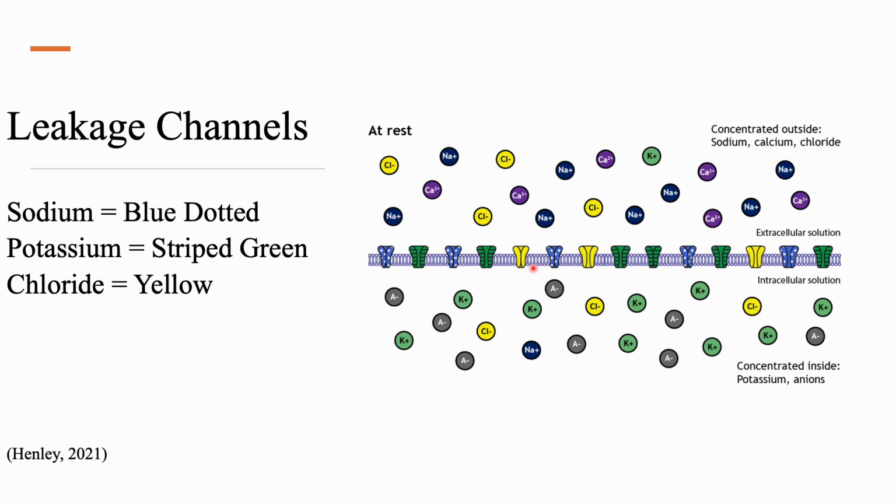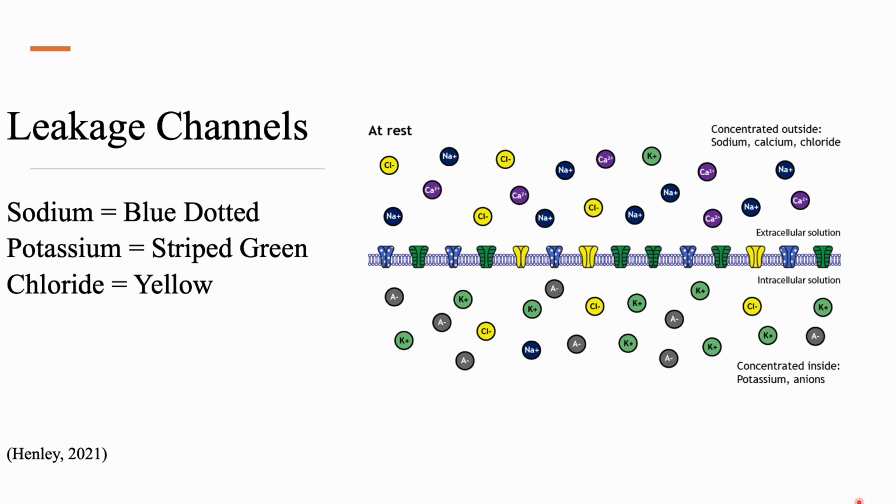You can see here that the neurons have far more potassium leakage channels than sodium channels. You notice that the blue dotted, there's a couple there, but there's 1, 2, 3, 4, 5 striped green leakage channels.